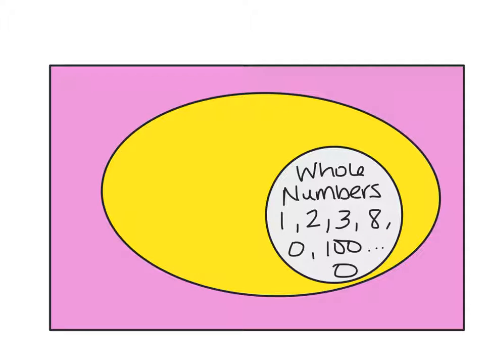Okay? But when we get to the next one, which is going to make more sense, when we start talking about integers, like we talked about in chapter 1, those are whole, positive, and negative numbers.